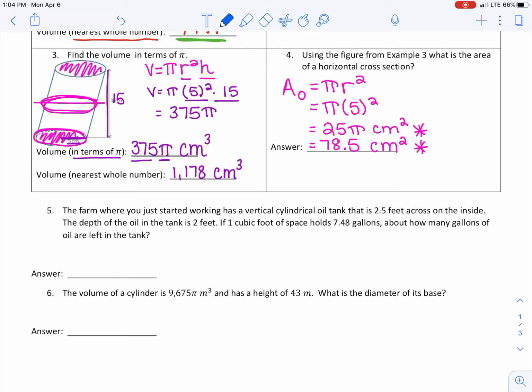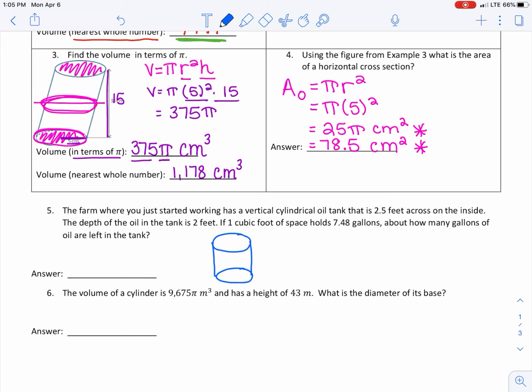Okay, so the first thing that we want to do here is we actually want to find the volume of our tank. So I'm going to draw, and we all know how well I draw. So if we have an oil tank, and it's a cylindrical oil tank, it's going to look something like that.